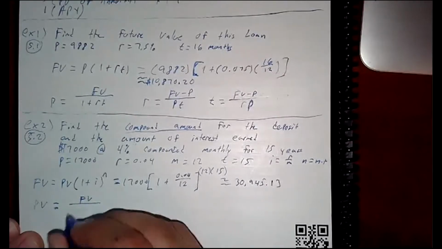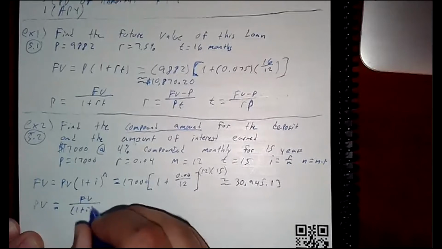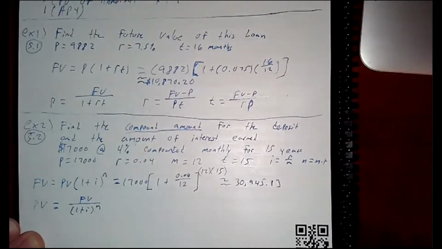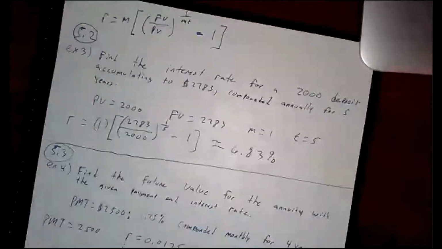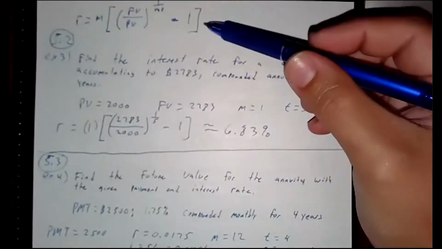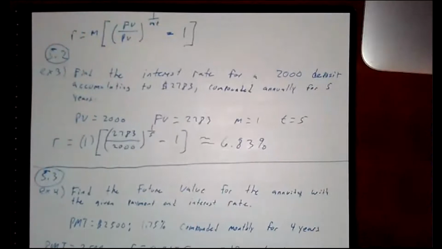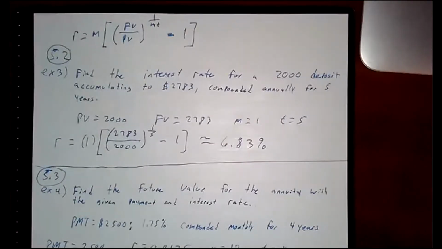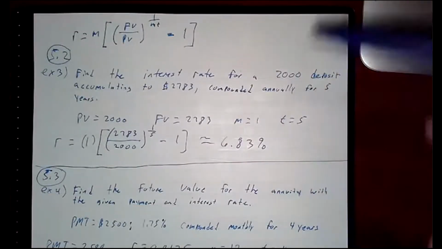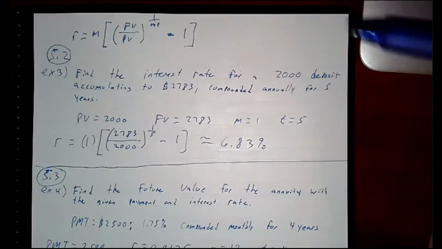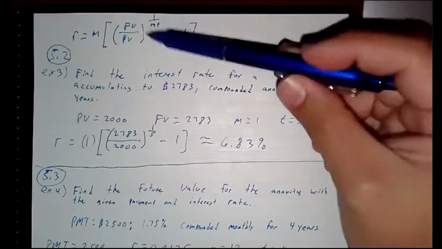FV, 1 plus i to the n. And then I gave you the rate formula, which is here. So they could ask for rate, they could ask for principal or present value, or they could ask for future value.